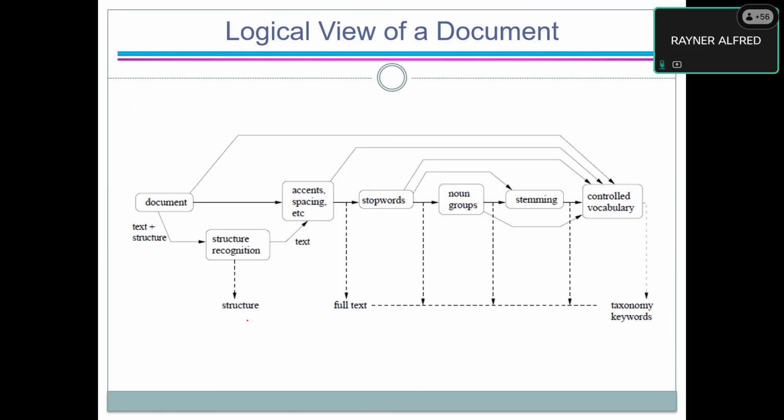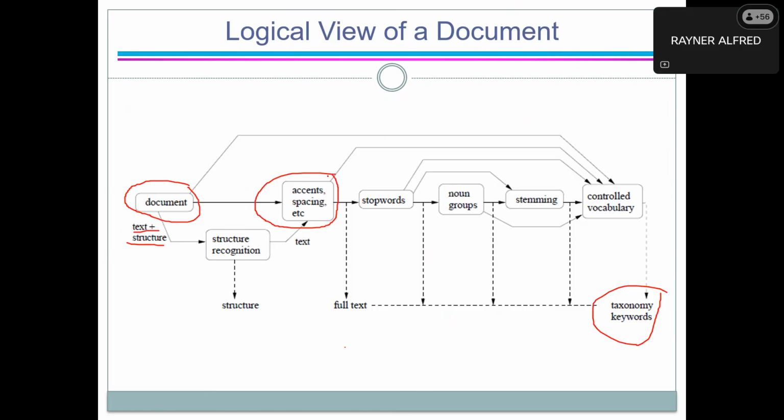Okay, so to summarize the whole process, the objective is to produce this. We have the document. Today we talk about the text, the structure, and the meaning. So we look at the syntax, the structure, and the meaning, and we do the tokenization. We can remove the stop words.